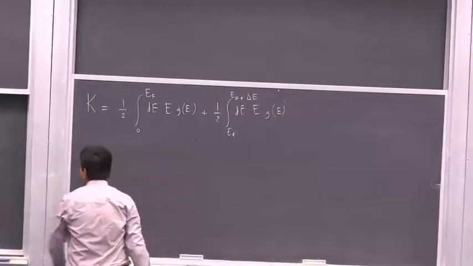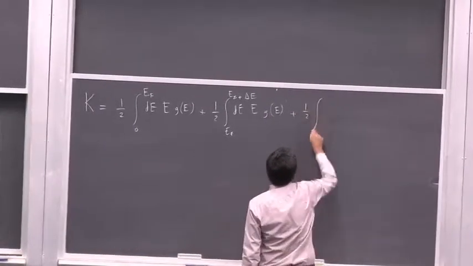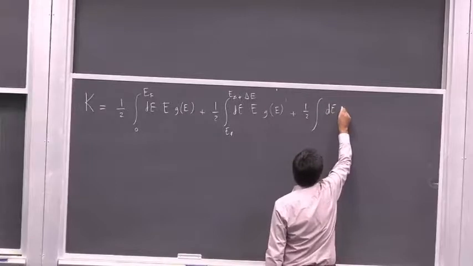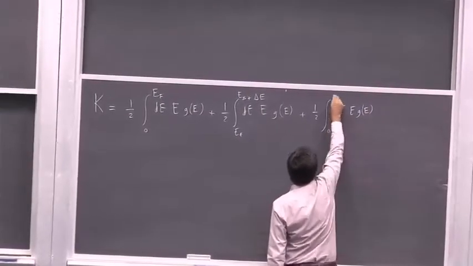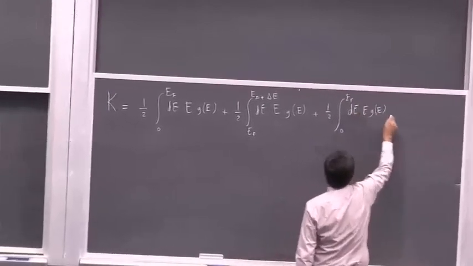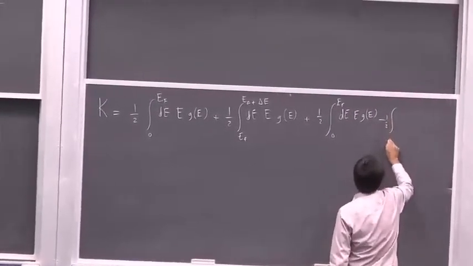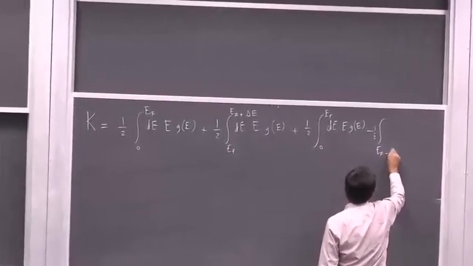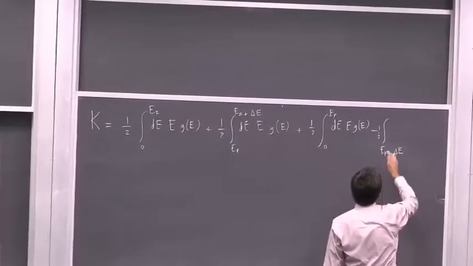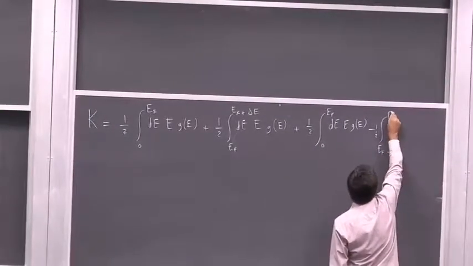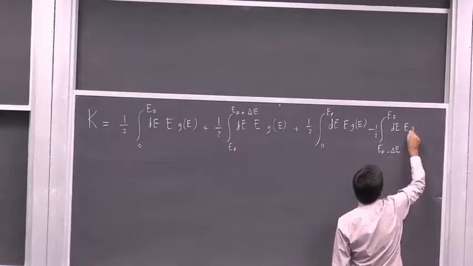Now this integral I write in the following fashion: 1/2 dE E G(E) from 0 to EF, minus 1/2 from EF minus delta E to EF, dE E G(E).